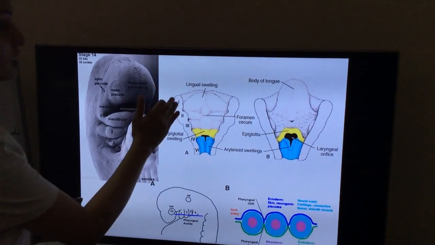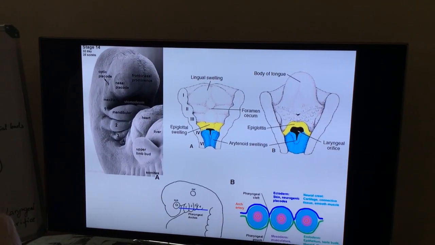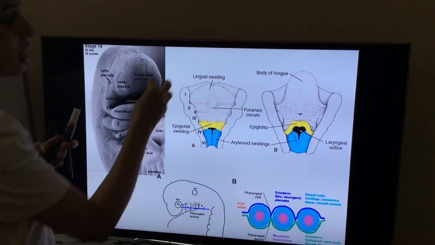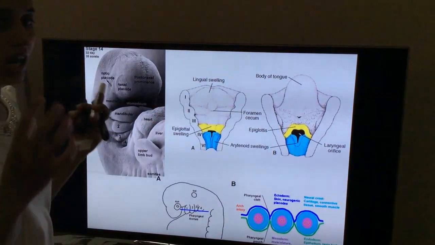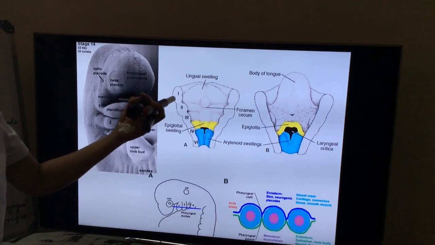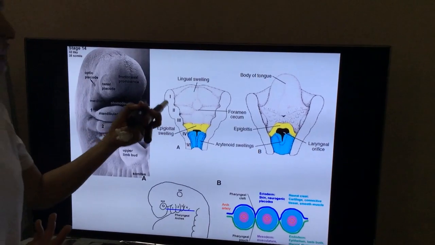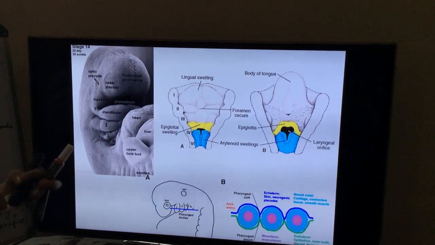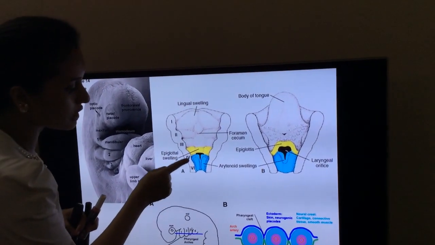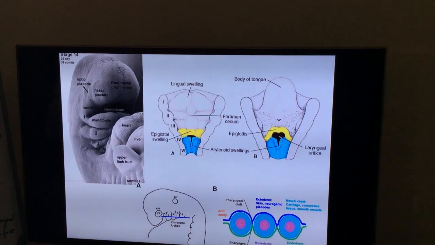When you see the first, it is supplied by mandibular nerve. When you see second, by facial nerve. So the structures originating from each arch are supplied by their own nerve supply. Like the muscles originating from first arch are supplied by mandibular nerve. Second is by facial nerve. So like that, fourth and sixth pharyngeal arch are supplied by the 10th cranial nerve, vagus nerve.